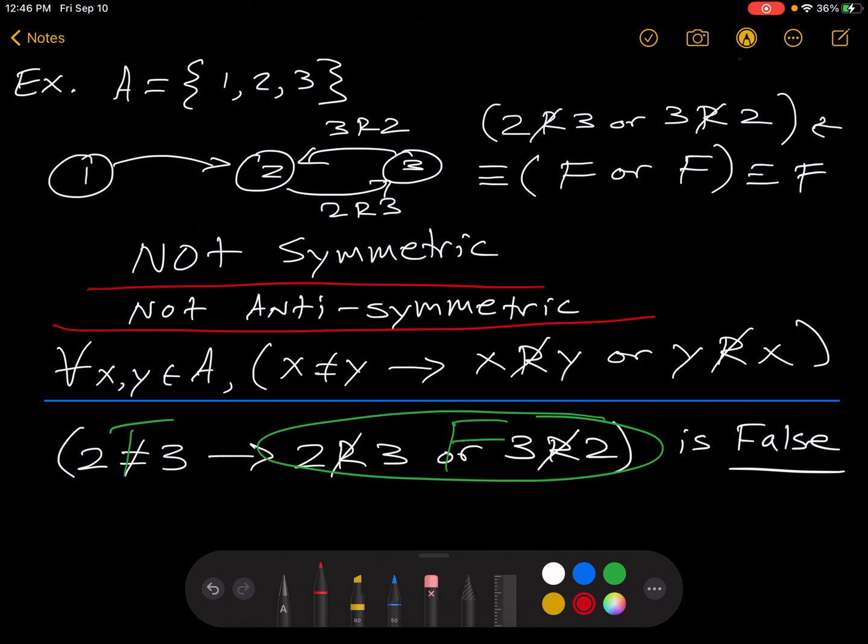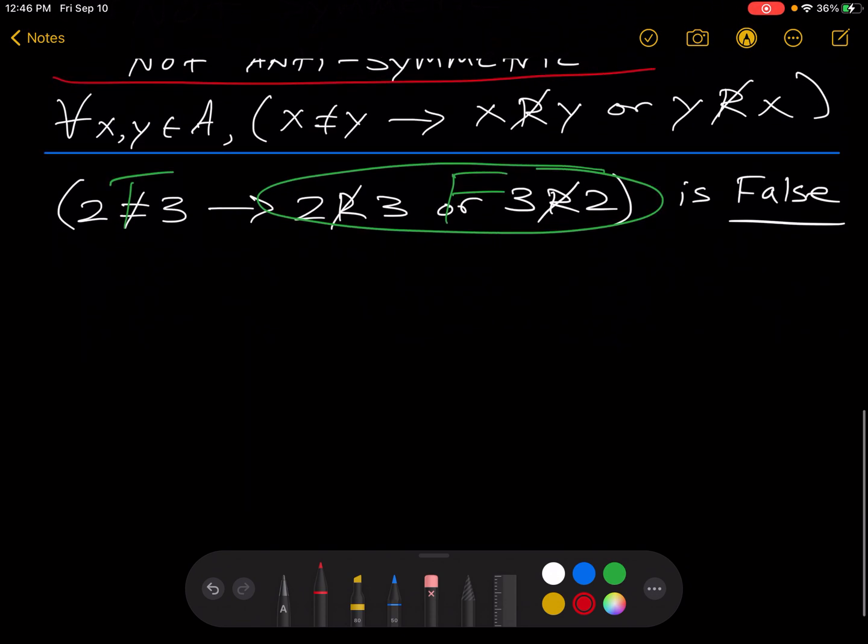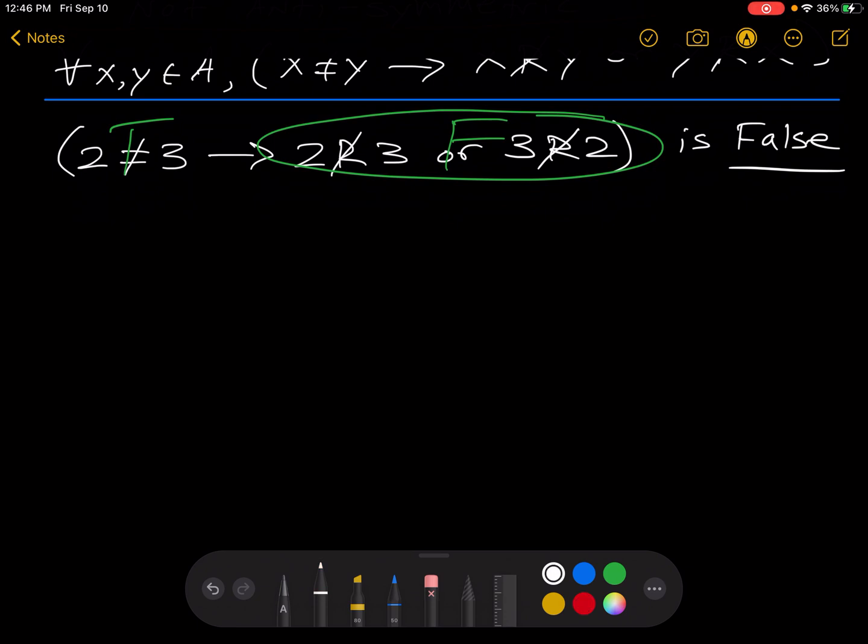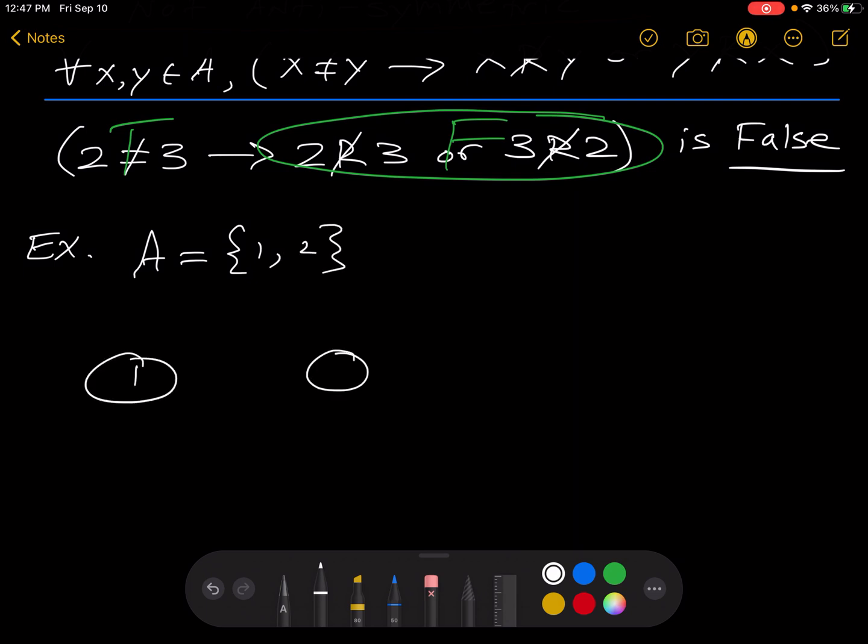Now let me show you one more example. This one will be rather quick. Now let's say that our set A has just the numbers 1 and 2 in it. And we have this graph.